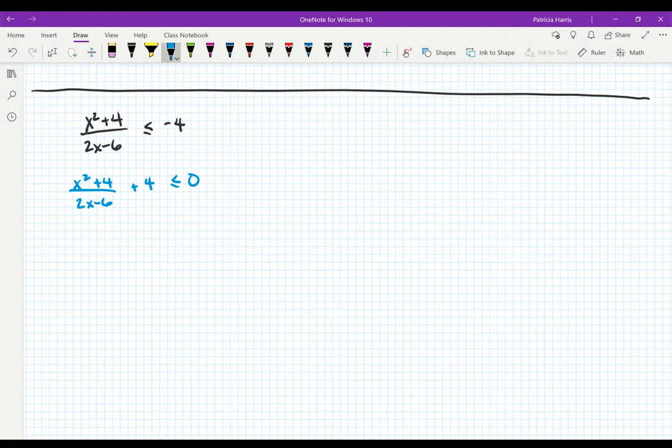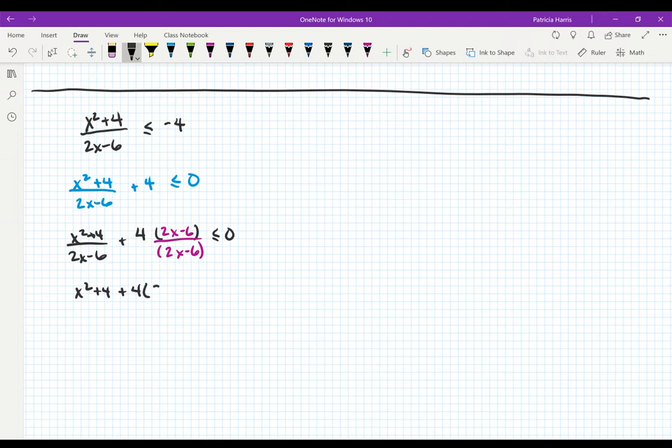So we need to change our 4. So it says this. Okay, and then, so that means I now have the same denominators. So I can rewrite my problem like this.